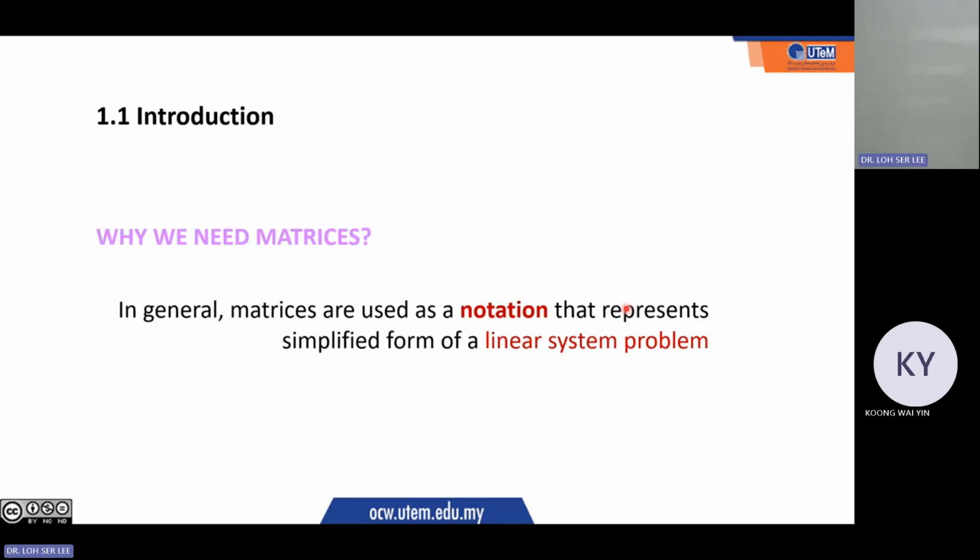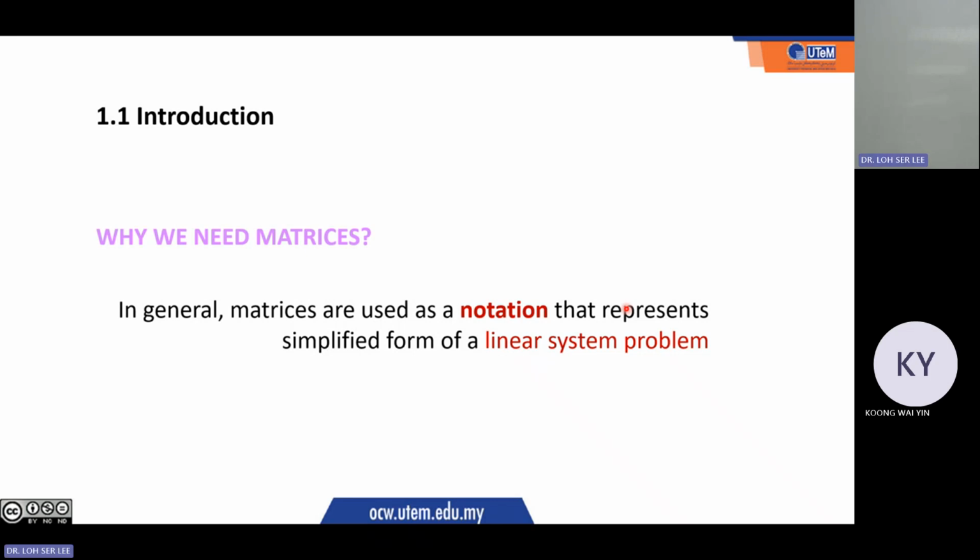Now you know what a matrix is, but why do we need matrices? In general, matrices are used as a notation that represents a simplified form of a linear system problem. So what is a linear system problem? Do you know what a linear equation is? When you have a number of linear equations, it forms a linear system.